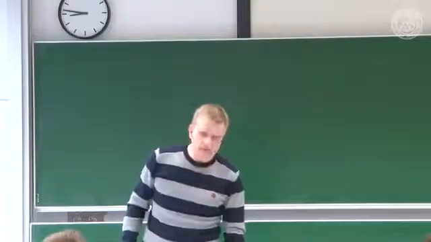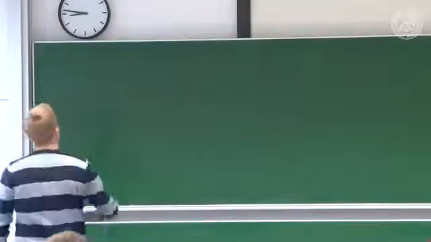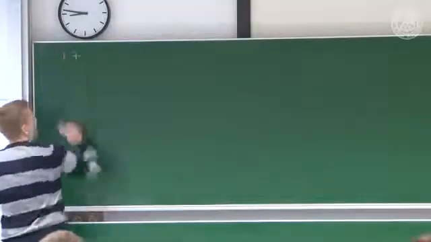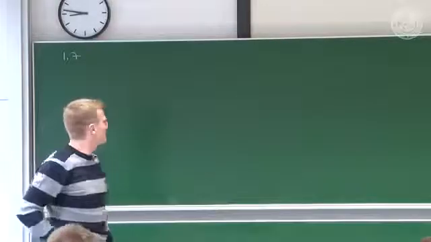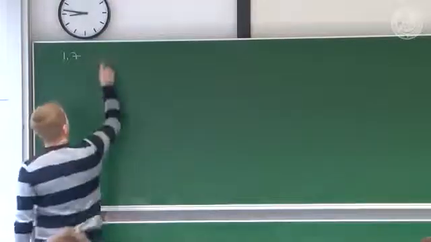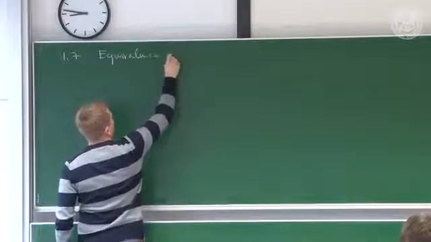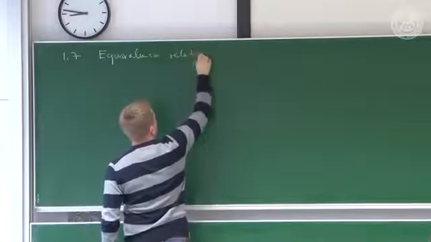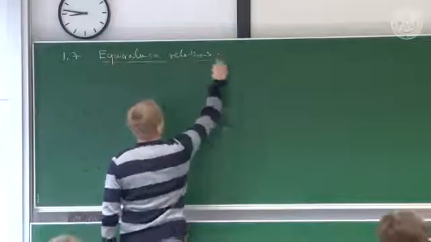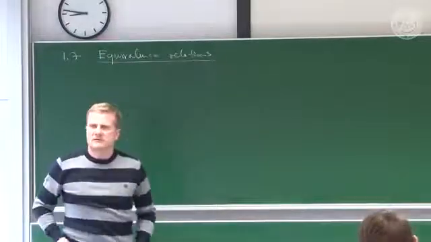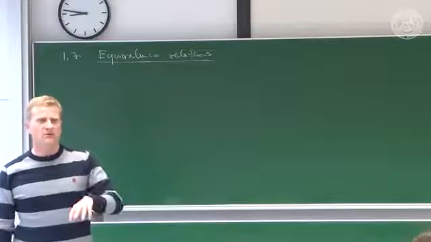And before we leave set theory, there's one more topic, or one of two more topics I would like to talk about, and that's equivalence relations. I try to be very quick about this because I assume that in one form or the other you saw this before.